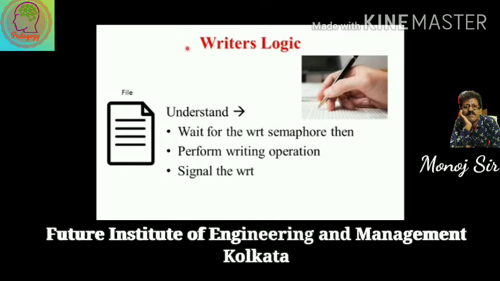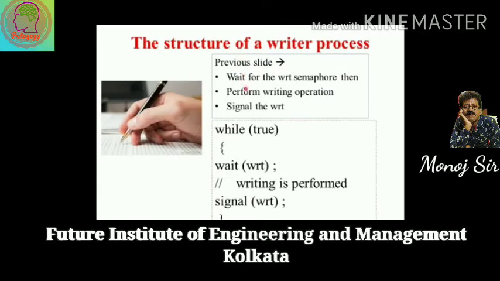Now, the writer's logic is: wait for the WRT semaphore, then perform the writing operation, and then signal the WRT. Whenever a writer wants to write, wait for the write semaphore. Then he or she can perform writing, and whenever complete, he or she has to give a signal.